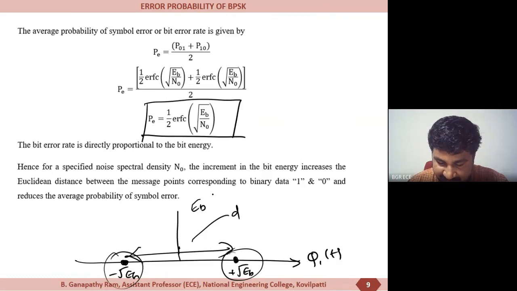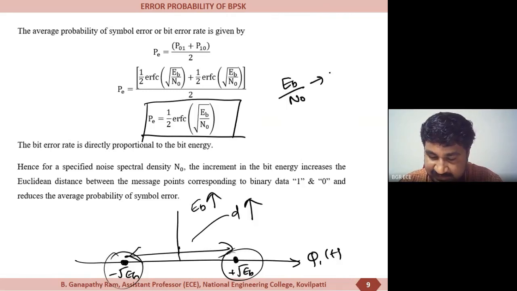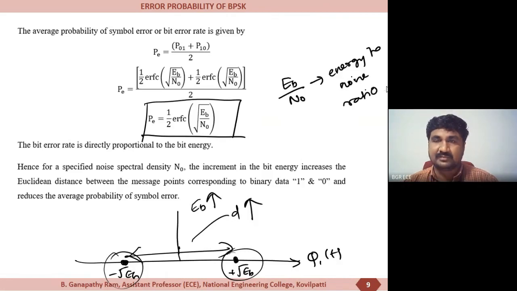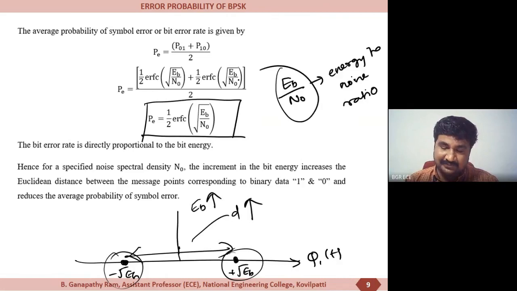If EB is large, then the Euclidean distance will be large, so that the signal to noise ratio will also be improved. And here EB by N0 is nothing but energy to noise ratio. This plays a very crucial role in deciding the probability of error.